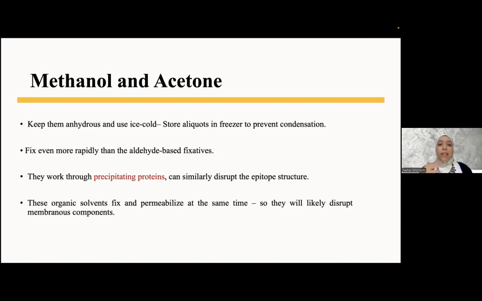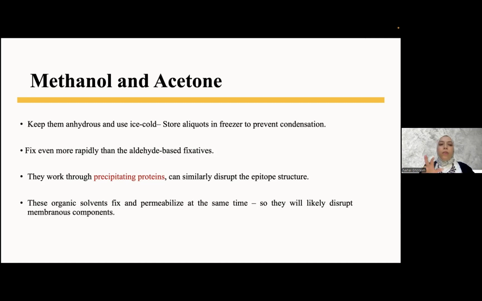Methanol and acetone fix very rapidly and are usually used for tissues that can't undergo formaldehyde fixation, and they work by precipitating proteins. So they can sometimes disrupt the epitope structure, but they have the advantage that these organic solvents fix and permeabilize simultaneously.